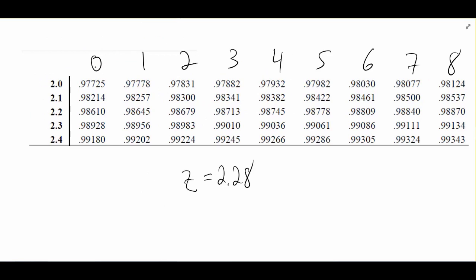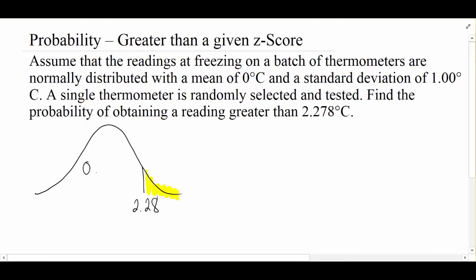So if we bring up our chart, we can try to find the z-value of 2.28 on our chart. So I'm looking at just the relevant portion of the chart right now, where we know we've got our 2.2. And then if we come down from the 0.8 portion, we can see this is 0.9887. So in that non-shaded area of the curve is the 0.9887, because remember the table always finds the probability of being less than a certain z-score.